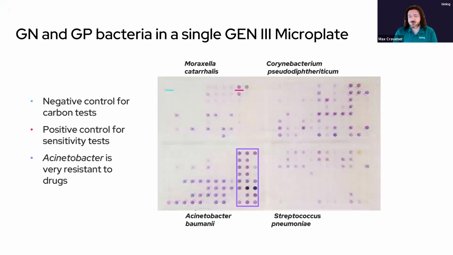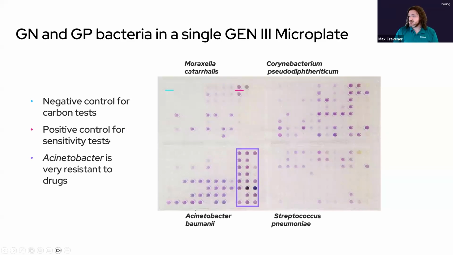So here are a few real-world examples of what these Gen 3 plates look like once they're incubated. So we have 4 different species here: M. catarrhalis, C. pseudodiphtheriticum, Streptococcus pneumoniae, and Acinetobacter baumannii. And each of these have a very different phenotypic profile depending on their different metabolic requirements as well as their sensitivities.